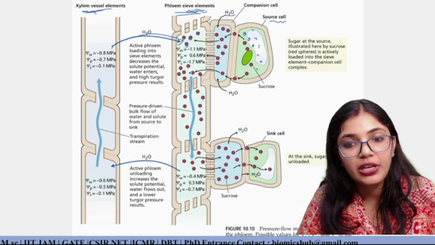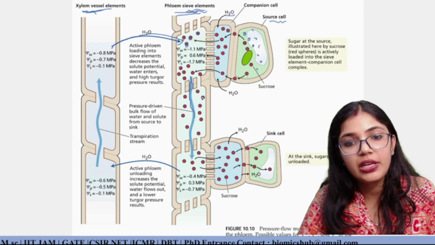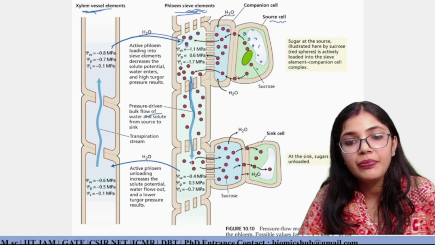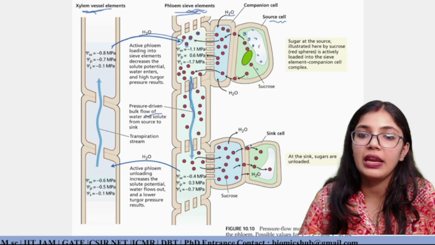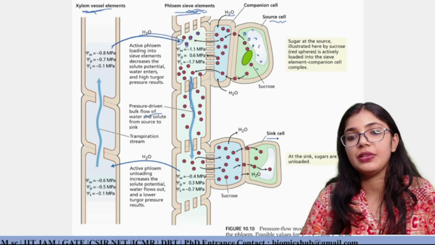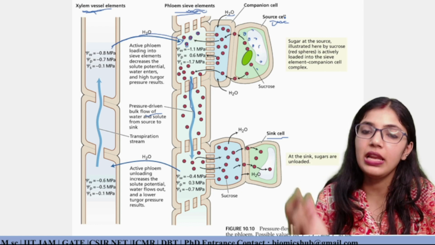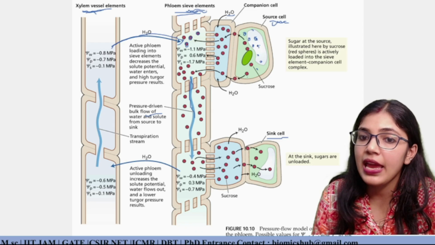When it is transferring into the lower parts, through these pores, by pressure driven bulk flow, the solutes and solvents will be transferred. Now there is a sink present over here. This was the source cell, which has a high amount of solute.